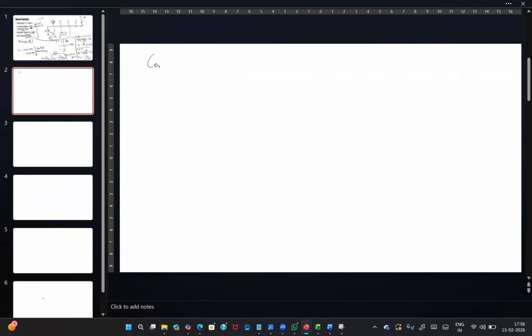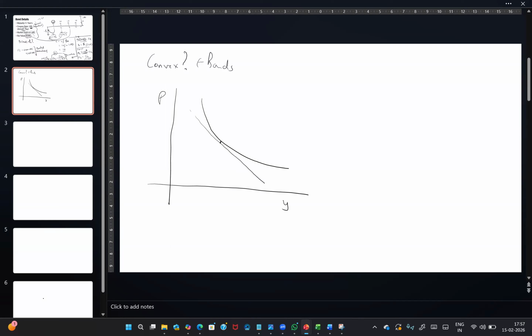So what is this convex? Why are we saying bonds are convex in nature? So when I draw the price yield graph, the price yield graph looks like this. Okay, it's a non-linear curve. It's not a straight line. If I were to draw a tangent at this line, it will showcase a straight line like this.